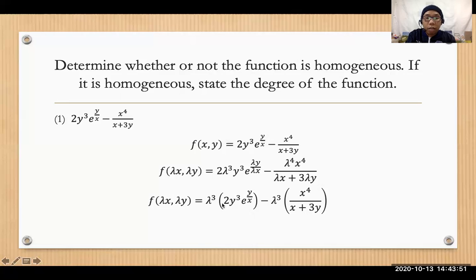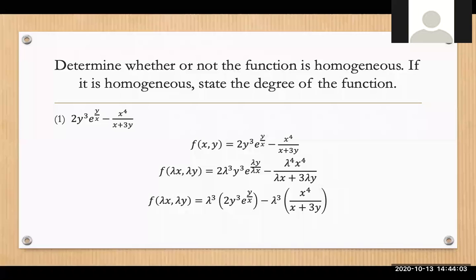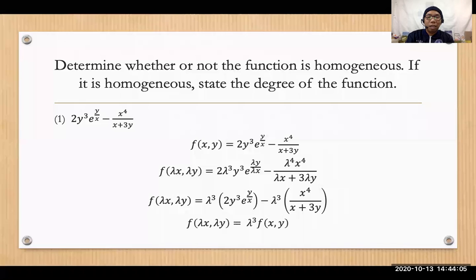So you factor out lambda cubed, and we have, of course, lambda cubed times the original function, which is 2y cubed e raised to y over x minus x raised to 4 over x plus 3y. Okay, so you were able to factor out lambda, and the function is intact.